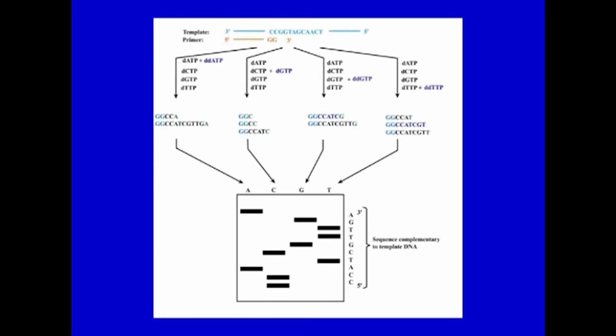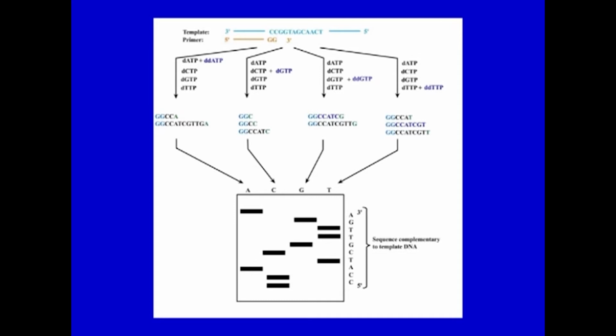So, if you have ddATP, say, then these fragments will be generated complementary to this template. Likewise for G, for C, and for dideoxy T.